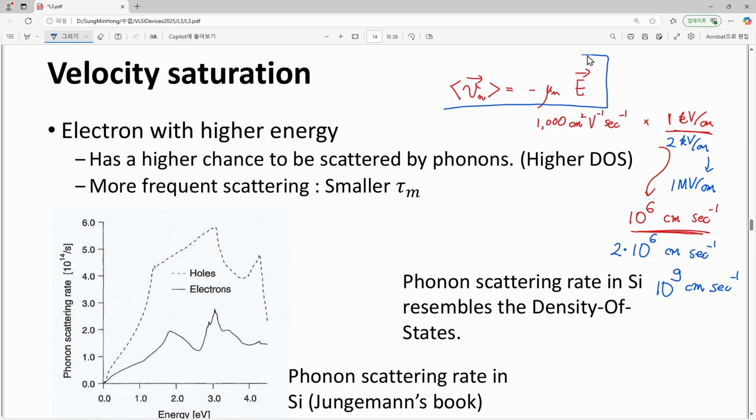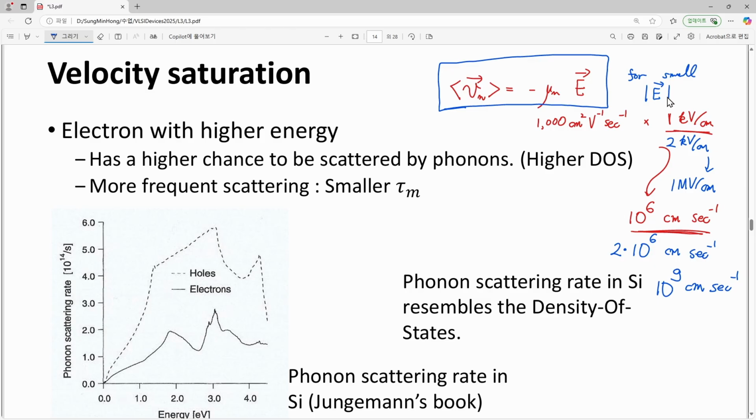Please regard this expression, the linear proportionality between the drift velocity and the electric field, as a form which is valid for small, low electric field.